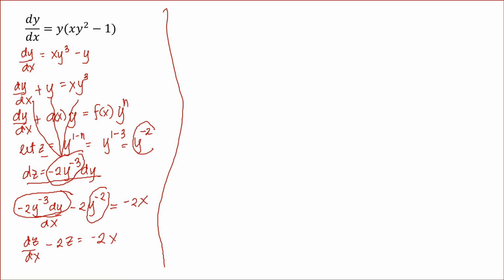Thus, we find the integrating factor phi. Your integrating factor phi is equal to e to the integral of a(x) dx, and in this case we have e to the integral of -2 dx. So your integrating factor phi is e^(-2x).